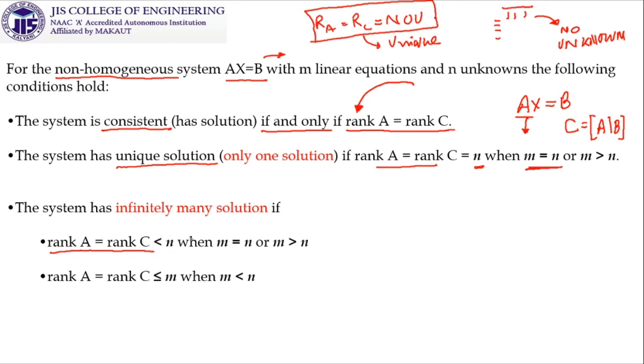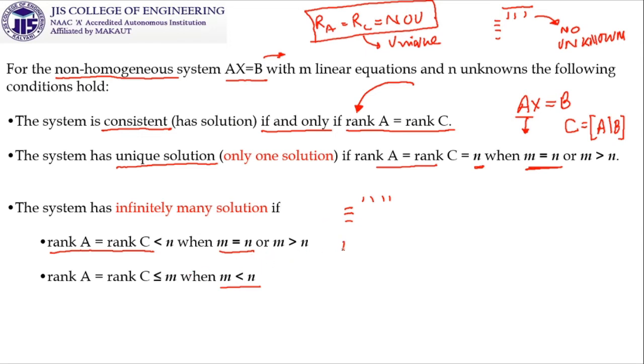But it is less than n, meaning the number of unknowns is greater than the rank of A or rank of C, when m is equal to n, that means in the square matrix, or m is greater than n. But in some cases where the number of rows is less than the number of columns, then the rank of A equal to rank of C has to be less than or equal to m, when m is less than n. So in both the cases, please try to understand.